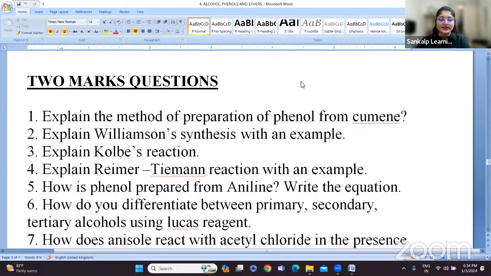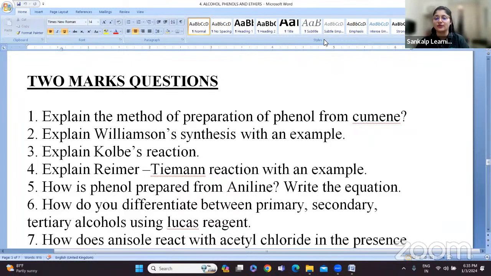Salicylic acid. Yes, Vedvati has answered it as salicylic acid. It is right. So what are we doing in Kolbe's reaction, students? We are taking sodium phenoxide, that is, phenol and sodium hydroxide, and heating it with carbon dioxide at 413 Kelvin and an atmospheric pressure of 6 to 7.